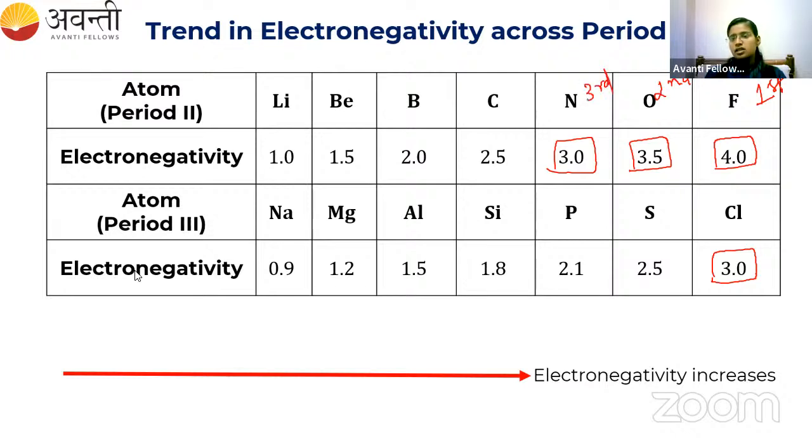Nitrogen and chlorine are the third most electronegative element in the whole periodic table. Okay, so you should know or you should memorize these things. So first is fluorine, second is oxygen, third is nitrogen and chlorine. Clear for all of you? So this is the trend you should observe for electronegativity across the period.